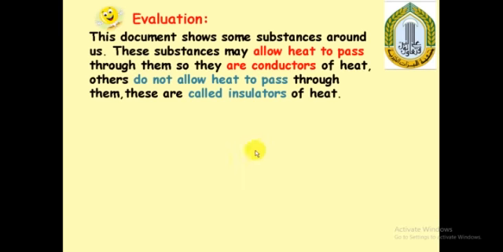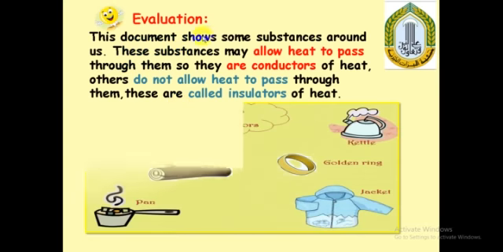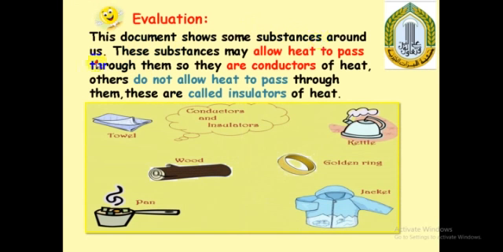So here also we have a document that shows some substances around us. These substances may allow heat to pass through them, so they are called conductors of heat. Others do not allow heat to pass through them, and they are called insulators of heat.